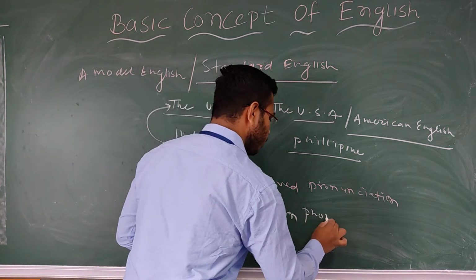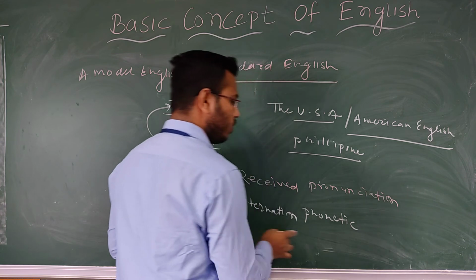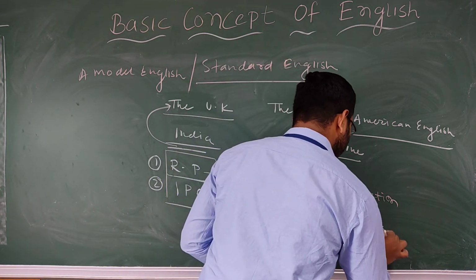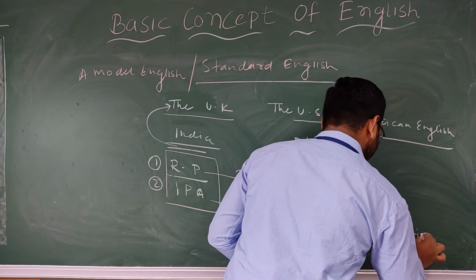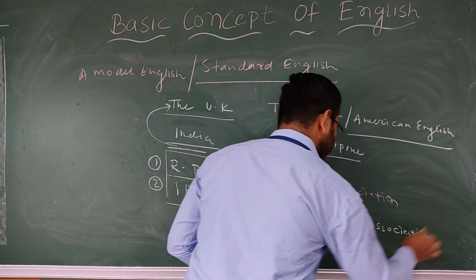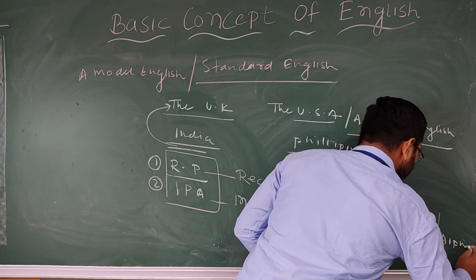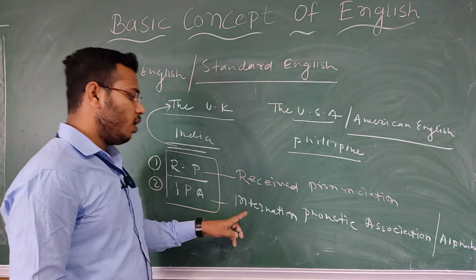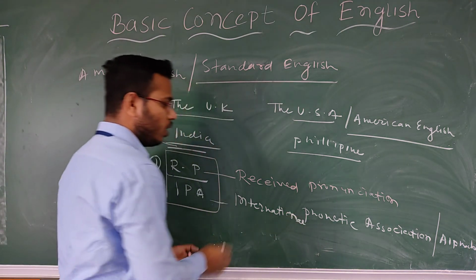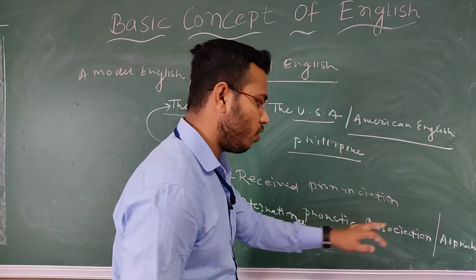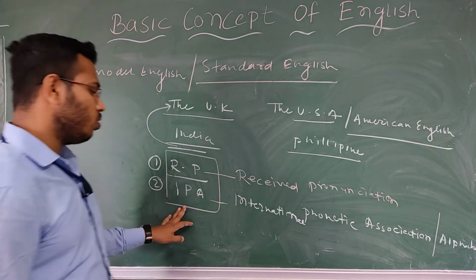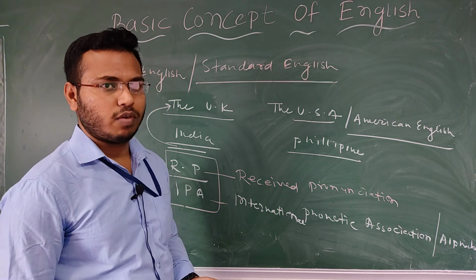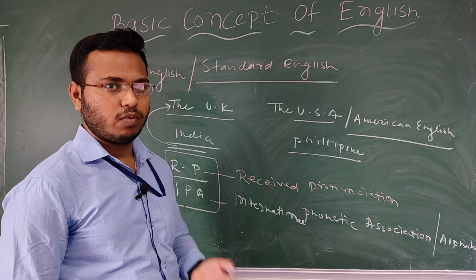Second, we have IPA, meaning International Phonetic Association or alphabet. This is also important because we only know the 26 letters of the alphabet from A to Z, and further vowels and consonants.